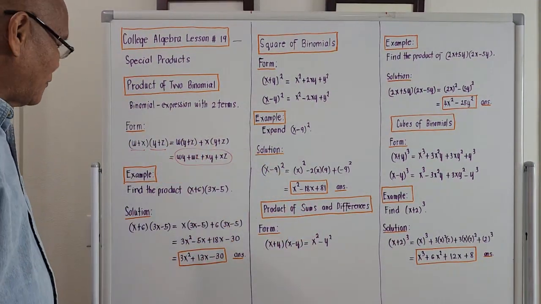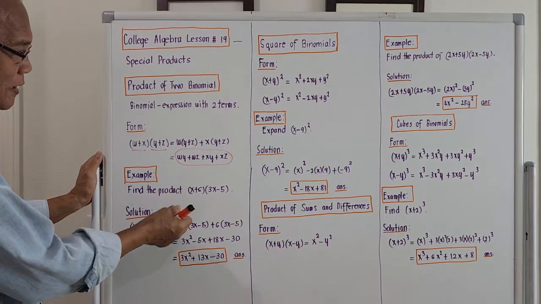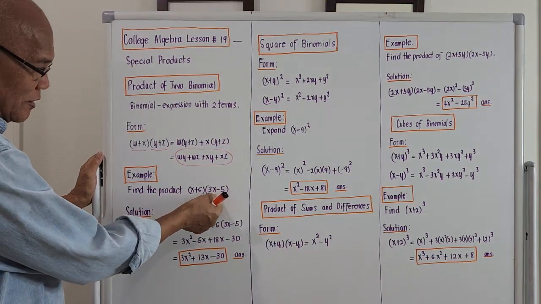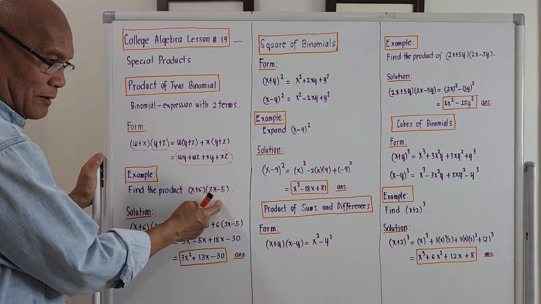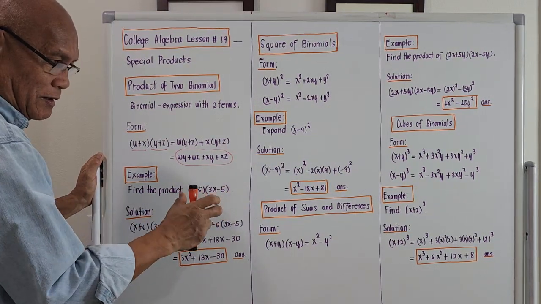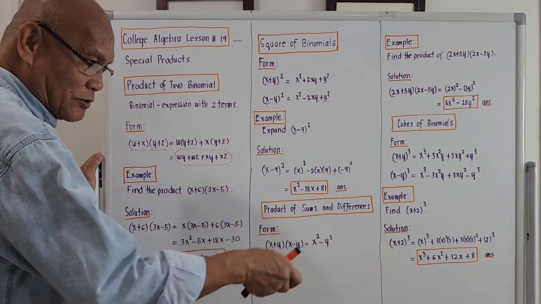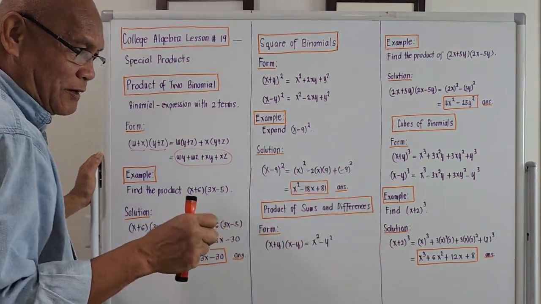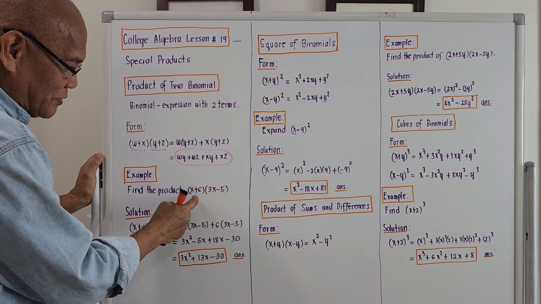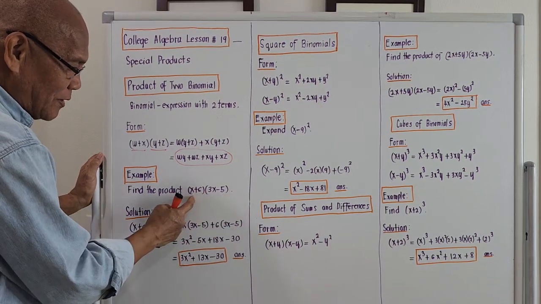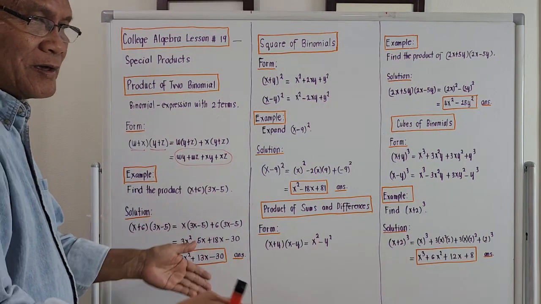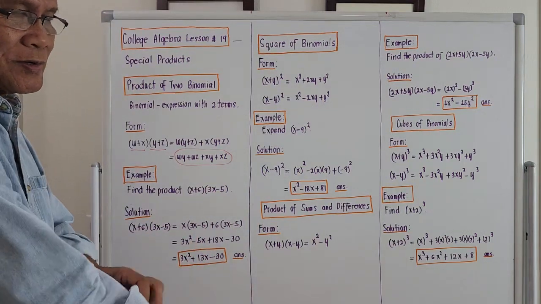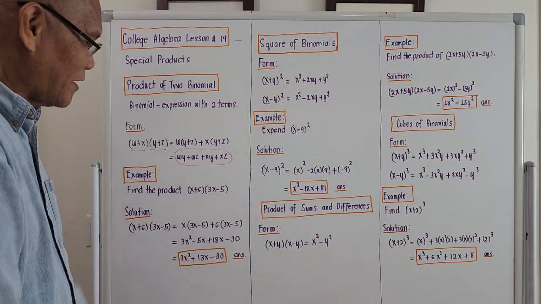An example problem of this is: find the product of the quantity x plus 6 times 3x minus 5. First binomial, second binomial. A binomial is an algebraic expression that contains two terms, right? First term, second term, first term, second term, binomial, binomial. So if we try to take the product of this, sometimes we joke, easy money, right?